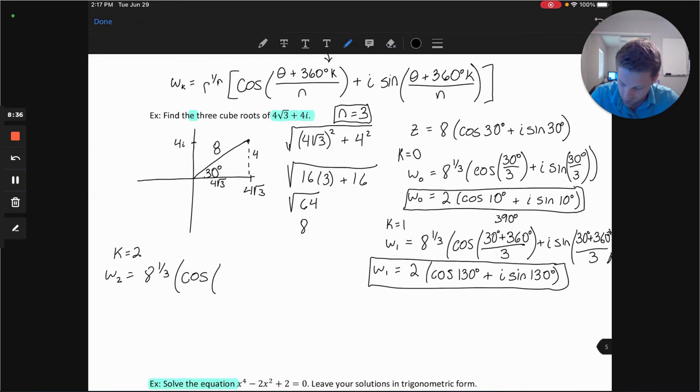For us, theta is still 30 degrees plus 360 times 2. That's our k. And divide by 3. And then we'll do plus i sine of that same ratio. So that'll be 30 plus 360 times 2.